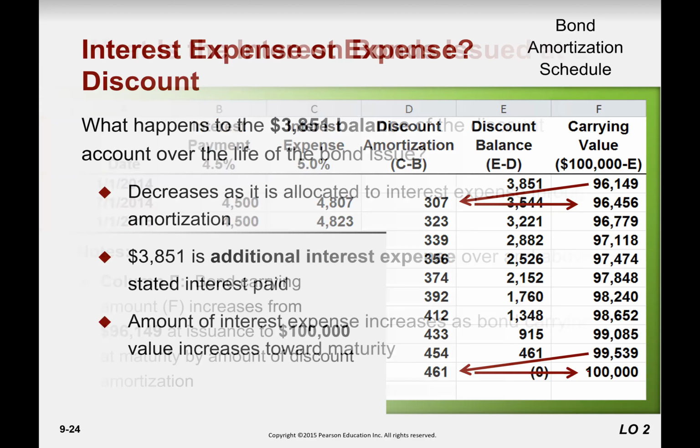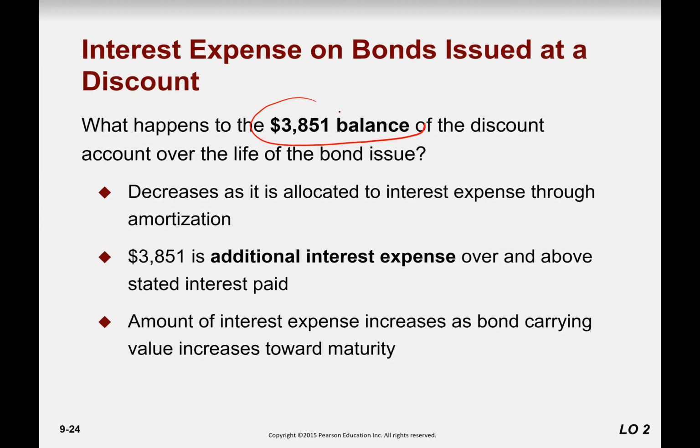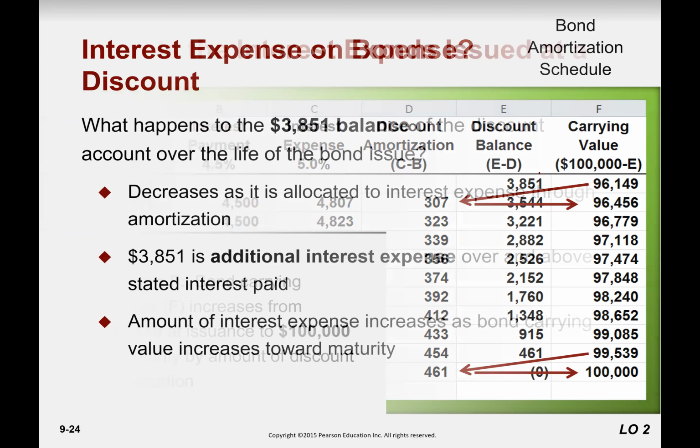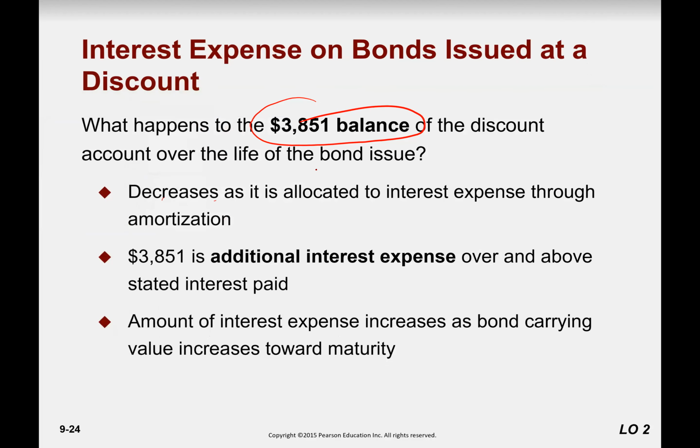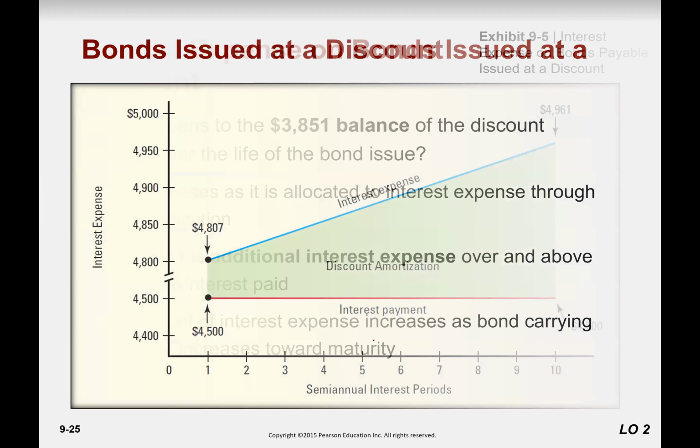All right. So what happened to this discount balance we talked about here? This discount balance decreases as it is allocated to interest expense through amortization. So 3851, which is the total discount balance, is additional interest expense over and above the interest paid. Amount of interest expense increases as bond carrying value increases towards maturity. Did you notice something here?